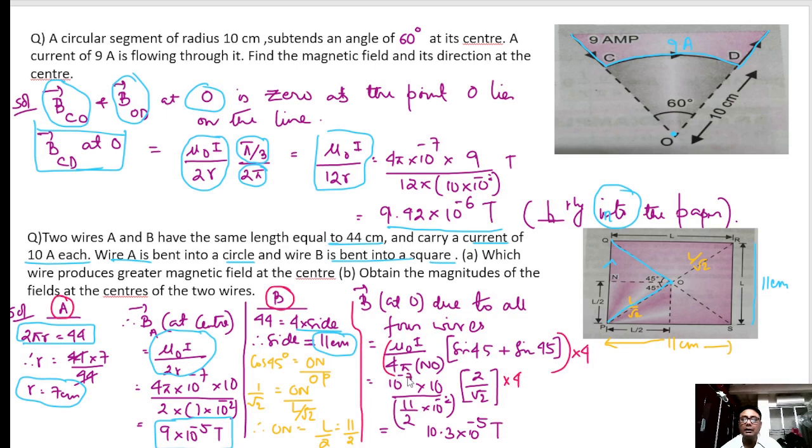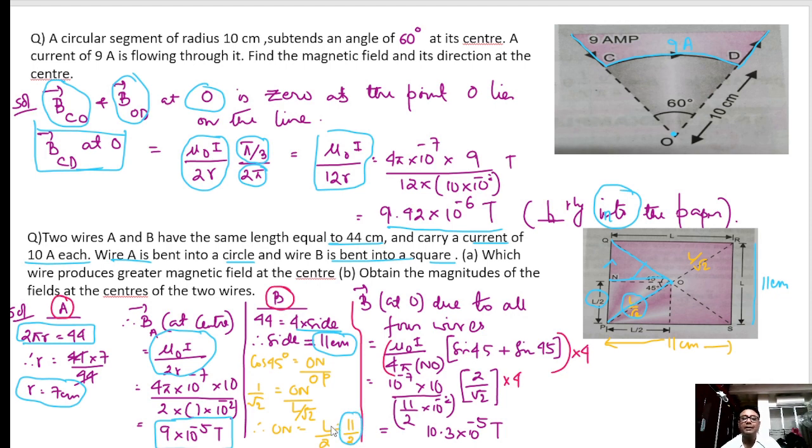Now let us use the formula mu 0 I by 4 pi r. What is r? R is On. So how do we get On? We apply cos 45 is On by OP. This is my OP, which is L by root 2. Cos 45 is base by hypotenuse, so On by OP. From there we get OP as 11, and On as 11 by 2.